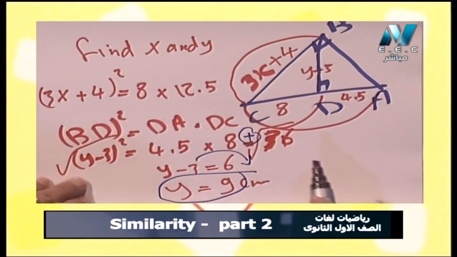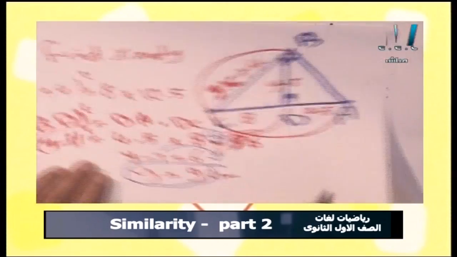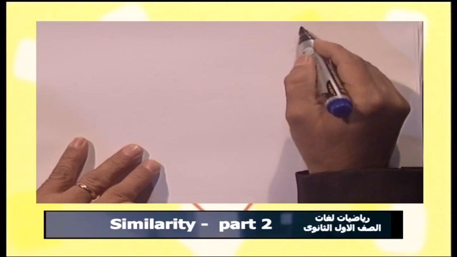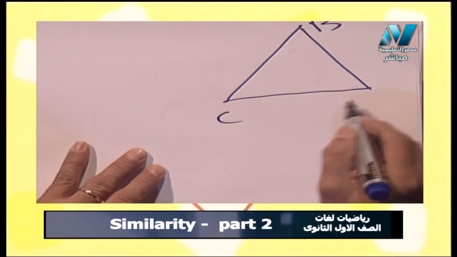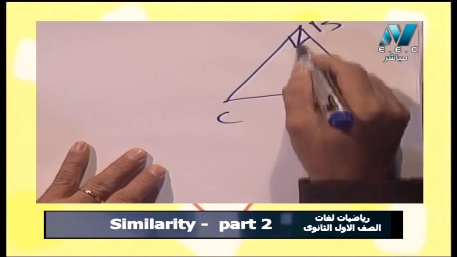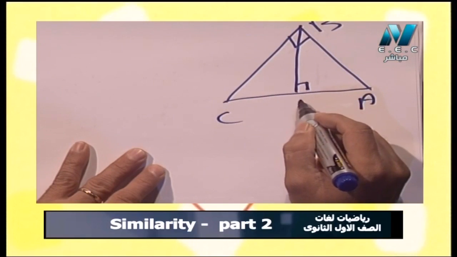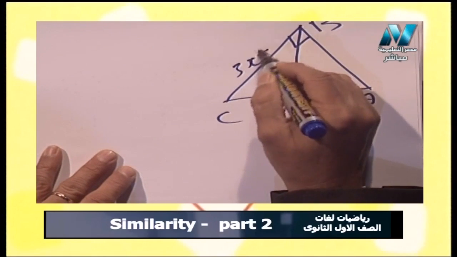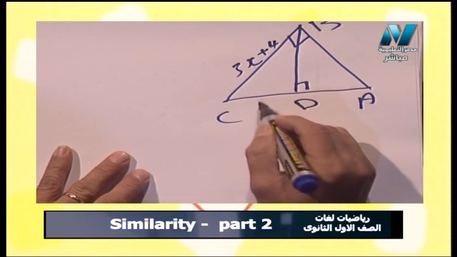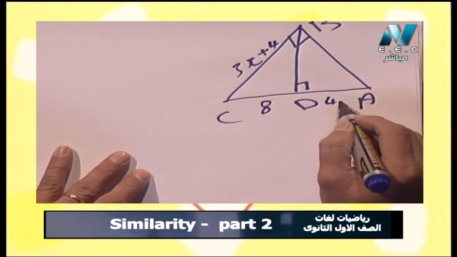Okay, let's go to the second part of the question. We have to draw it again: right angle triangle BCA, and perpendicular to AC at D here, and we have 3x + 4, and we have 8 here, 4.5.